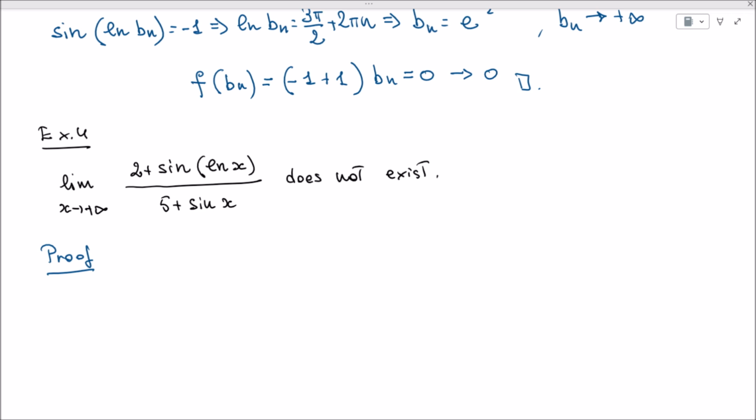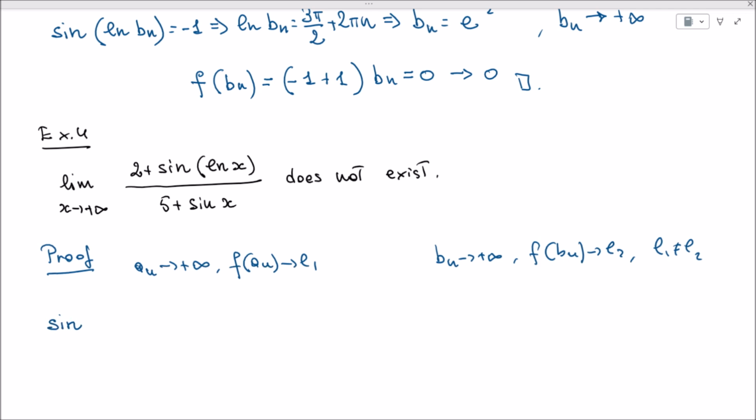Again we need to find an that will go to plus infinity, bn that will go to plus infinity, and f of an will go to some L1, f of bn will go to some L2, with L1 different from L2. Okay, now playing the same game, we might look at a sequence an such that the sine of the logarithm of an is equal to 0.